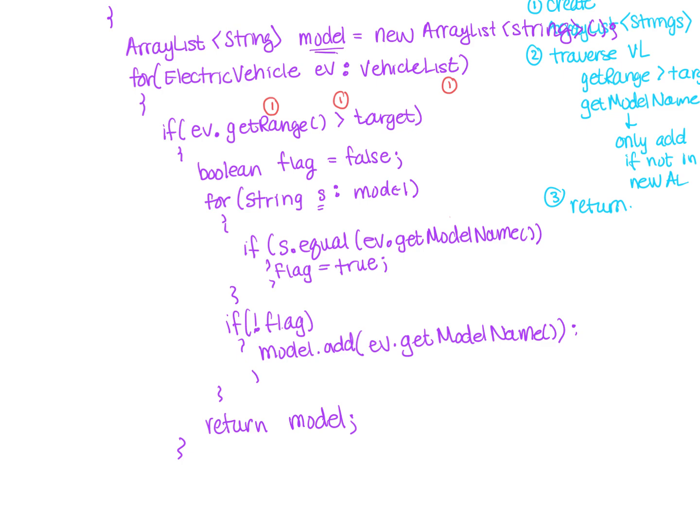Next, we have to compare two model names. Here, is the one that we traversed equal to the one that we already have? And the last one is, did we return all the necessary elements and nothing else?